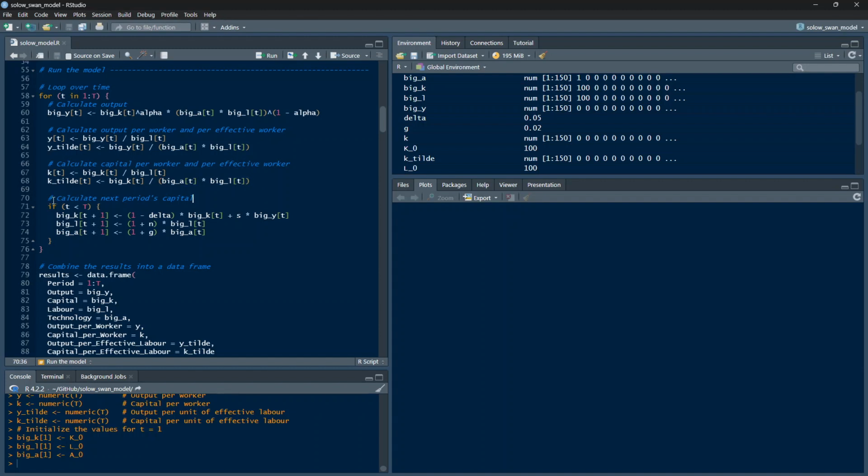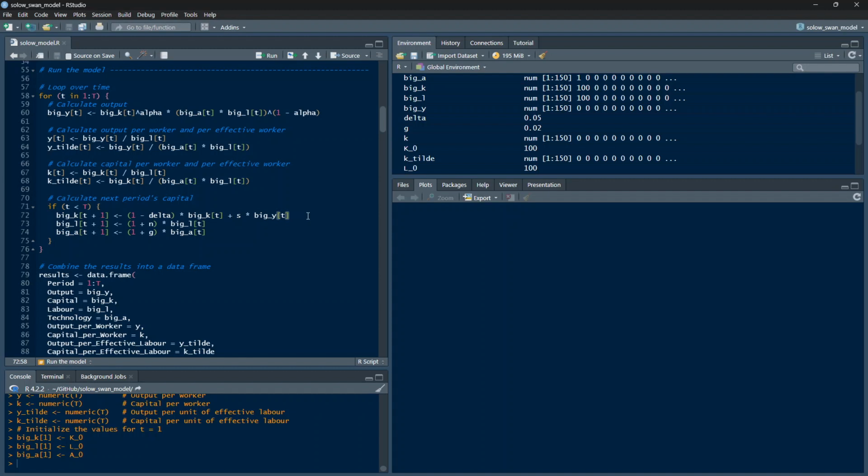Finally, we bring in some of the dynamics. So for T less than capital T, which just means before the final time period, 150, K in period T plus 1 is going to be given by 1 minus delta times today's capital stock plus s times the output of this period.